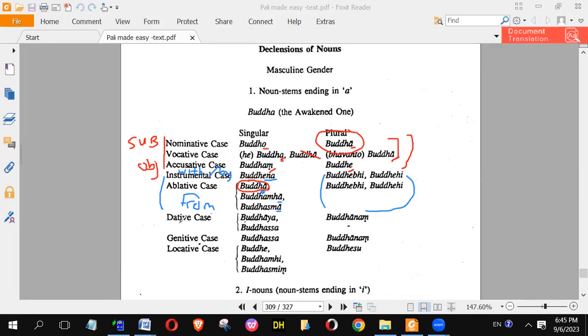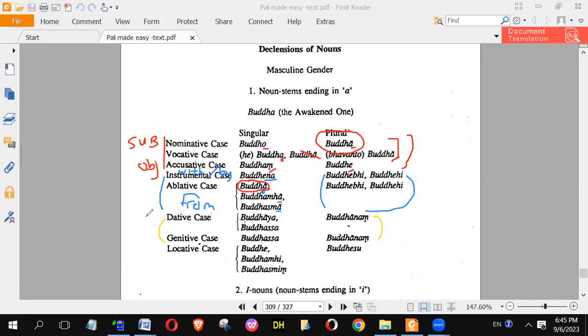Now the dative and genitive. We recite these together because the two are similar.